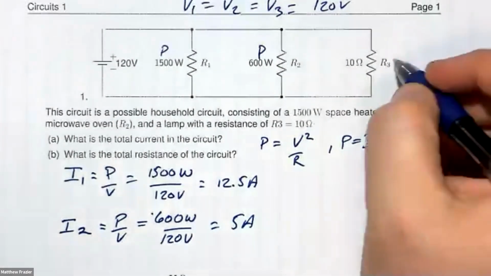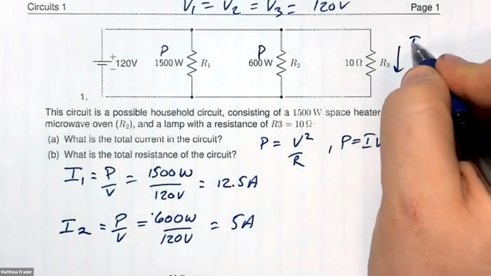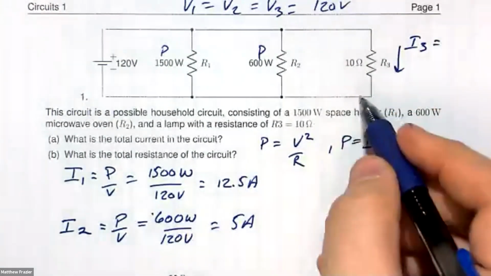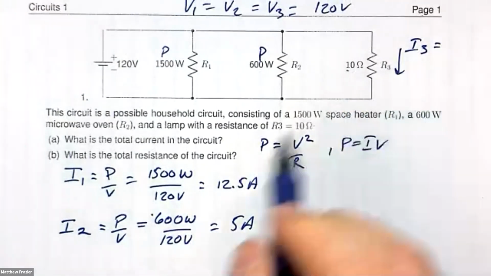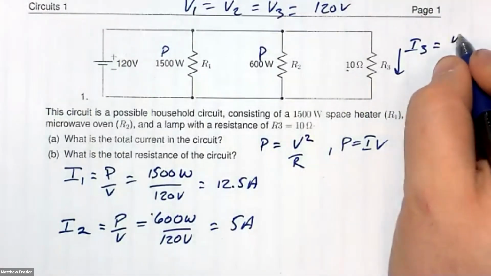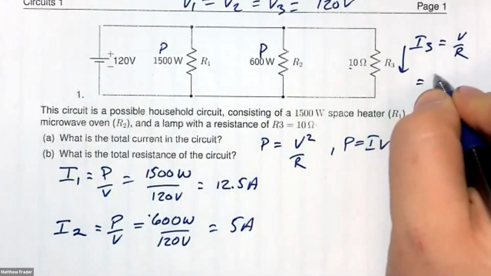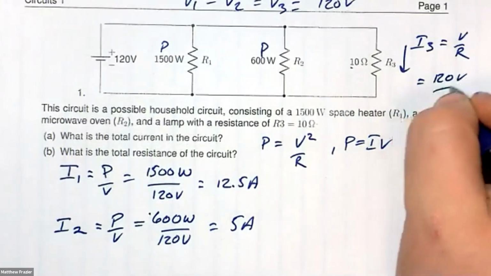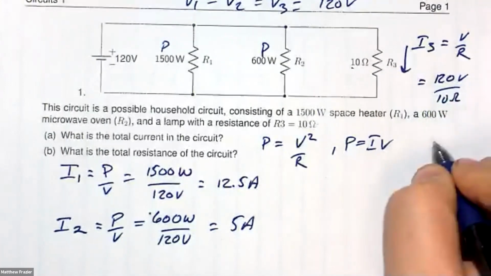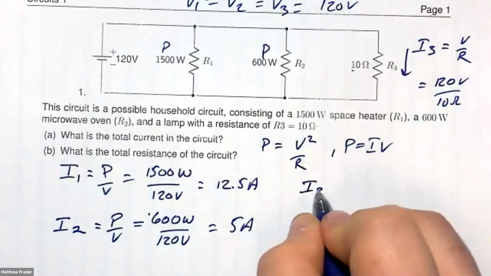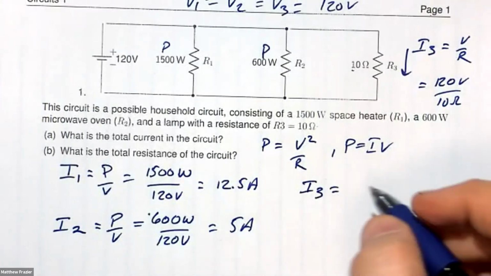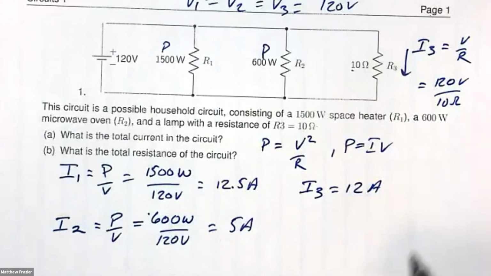And then I3: now we know the resistance is 10 ohms, so we're just going to do V over R. 120 volts over 10 ohms, so I3 is 12 amps.